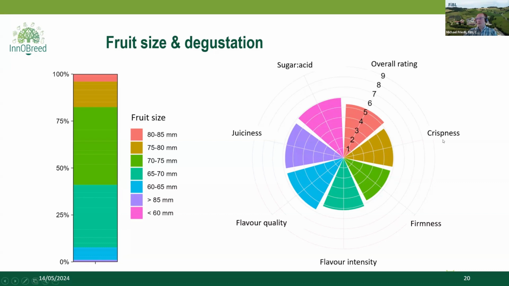We give an overall rating, a rating for crispness, also for firmness, and also for flavor. We give one note for the flavor intensity, but also for the quality. Another quite important aspect is the juiciness, and then also the sugar-acid ratio.